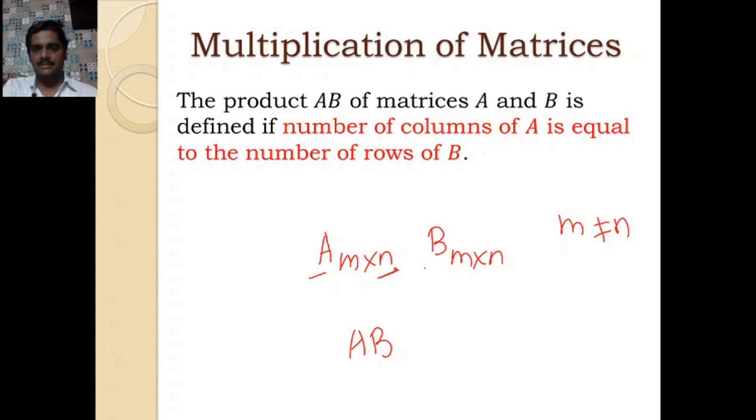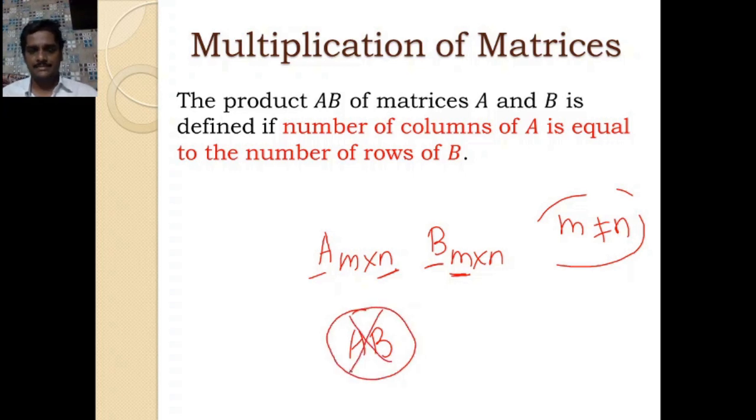Our second matrix is B and the number of rows is m, and we have m not equal to n, so the condition is not satisfied, so we can't define product A into B. A into B is not defined. So you all can see we have two matrices of the same order, but the product is not defined. To define product AB, the condition given here must be satisfied: the number of columns in the first matrix must be equal to the number of rows in the second matrix.